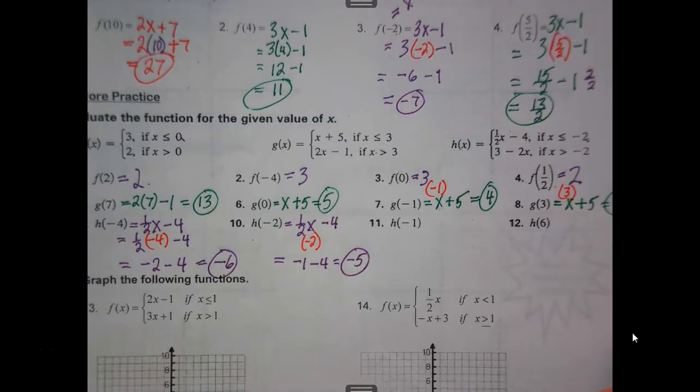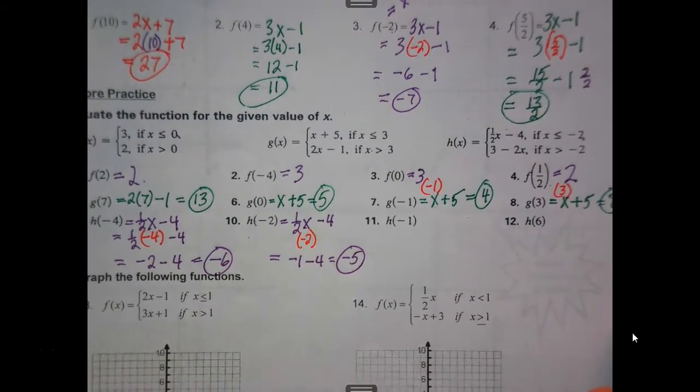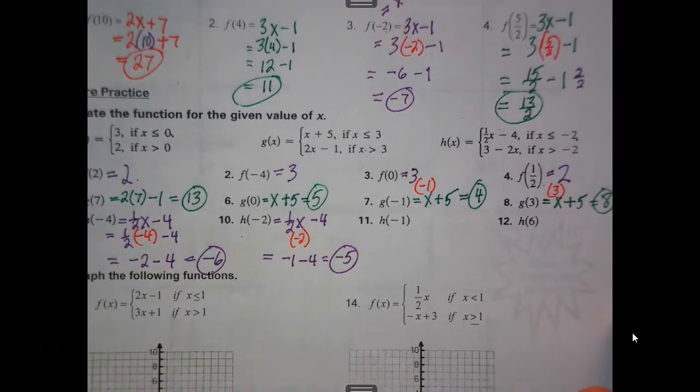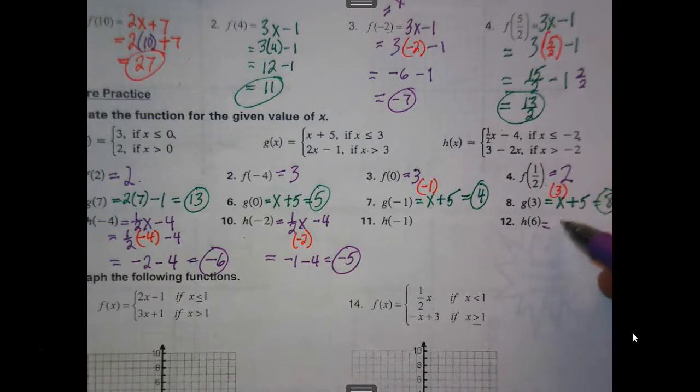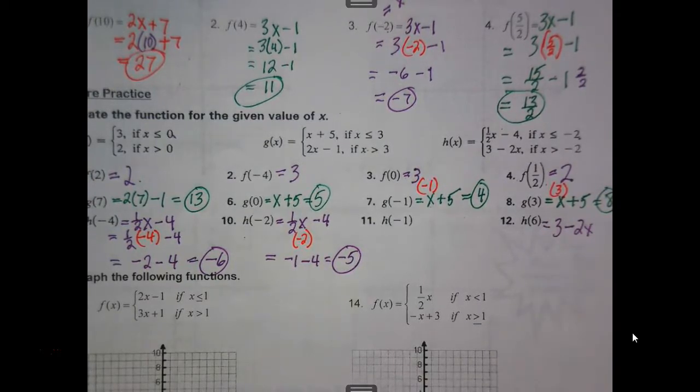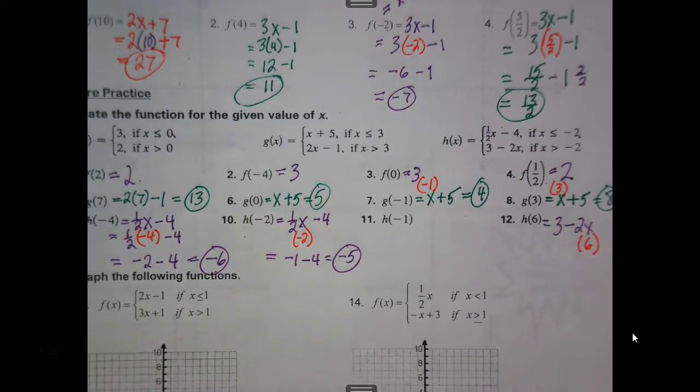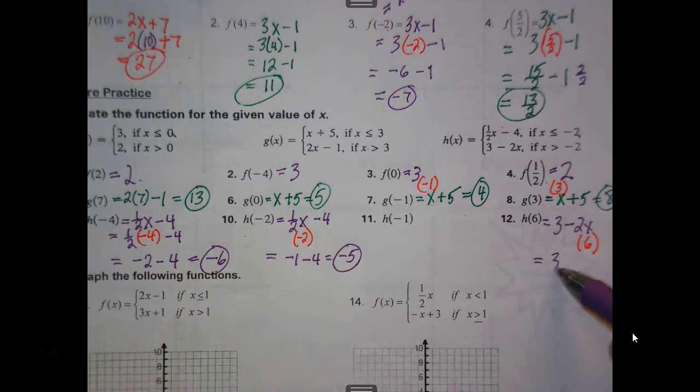Bless you. And let's do 6. 6 is greater than -2, so I have to use the bottom one. 3 minus 2x. Substituting in 6 for x. So 3 minus 12, which is -9.